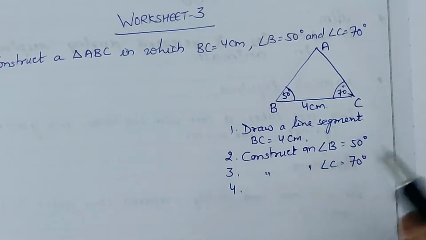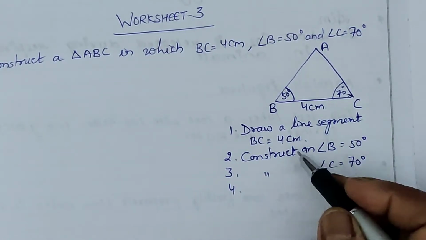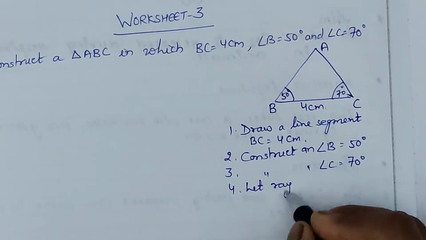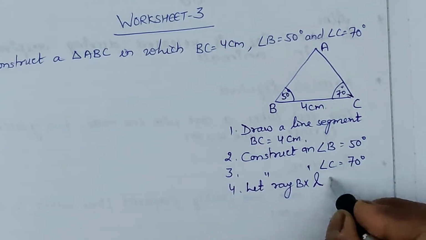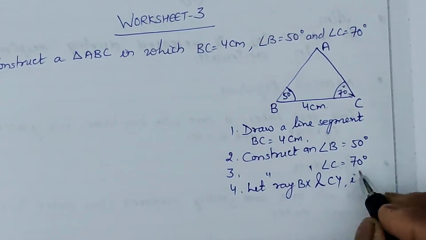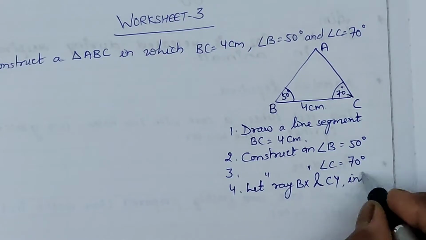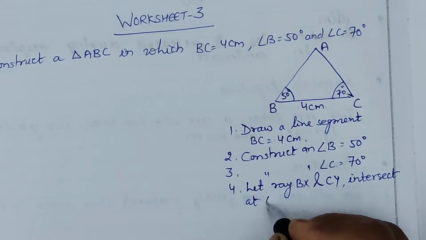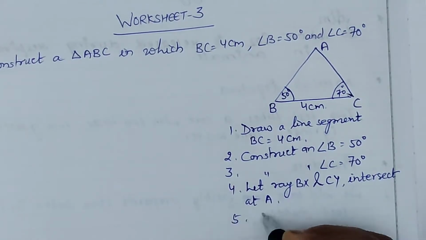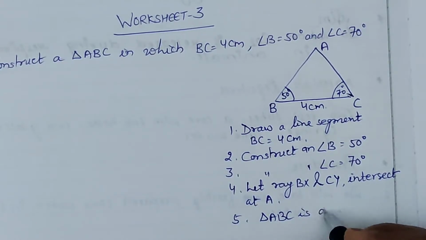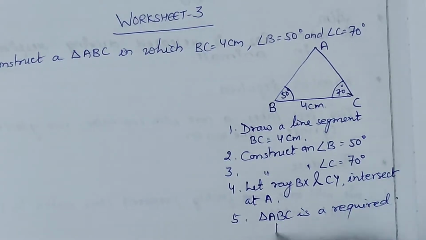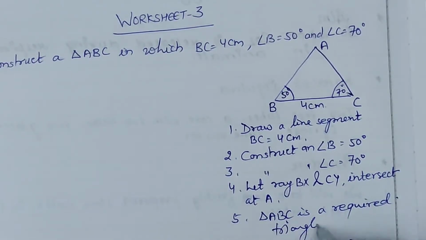And next, these angles intersect at the point A. Let the rays BX and CY intersect at point A. And triangle ABC is the required triangle.